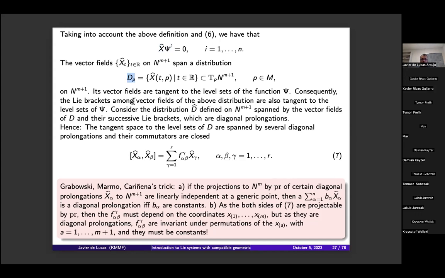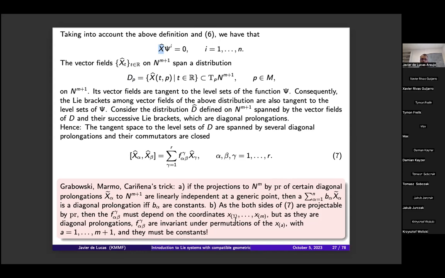The thing is, you can prove, by means of a theorem, which is quite technical, I will not go through details, that this psi will exist, giving a particular solution, if and only if this time-dependent vector field here is a linear combination with time-dependent functions of the diagonal prolongations.